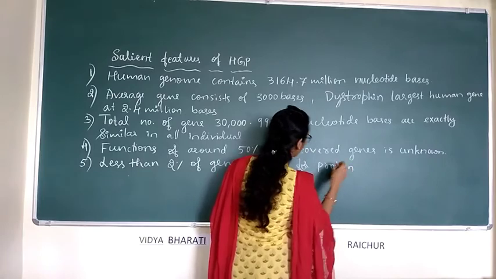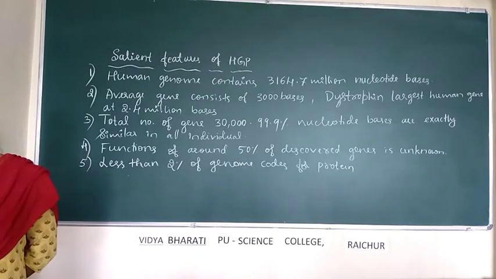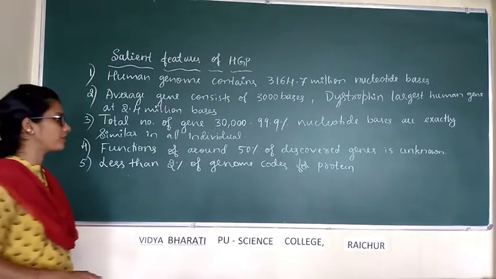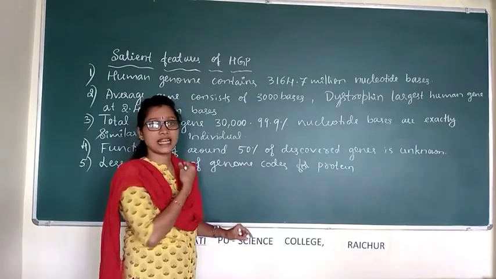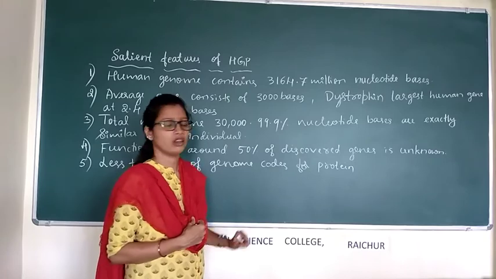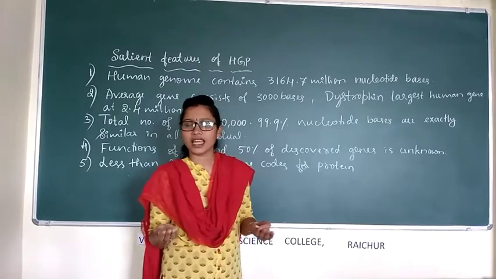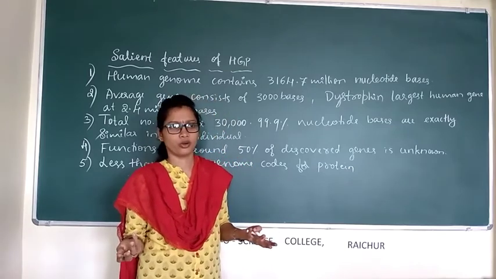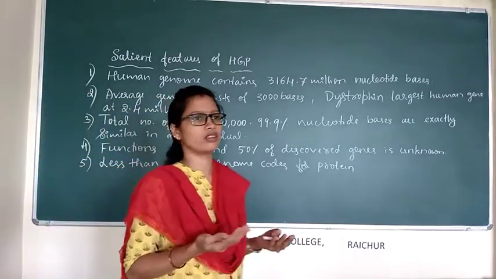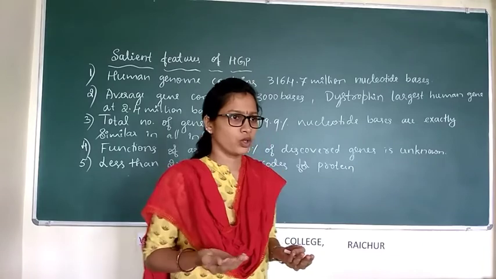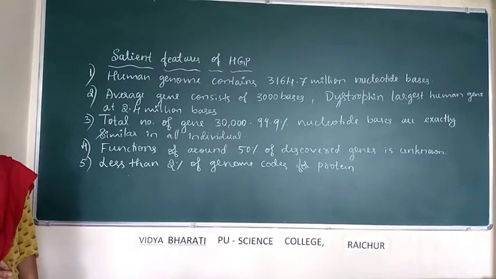Just less than 2% of the genome codes for particular types of protein. What about the remaining 98% of the genome? They don't know whether they code for proteins or whether they are unable to code for protein. Less than 2% of the genome only codes for proteins.